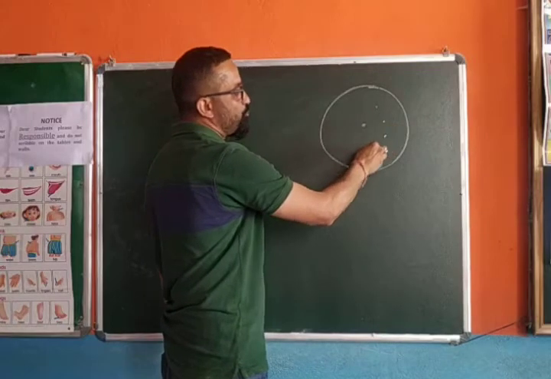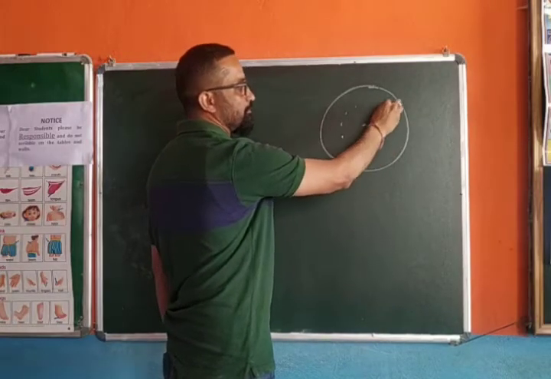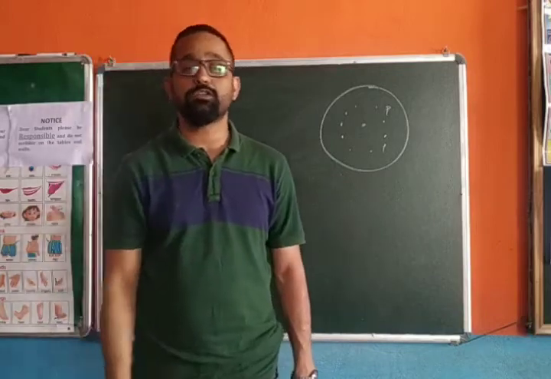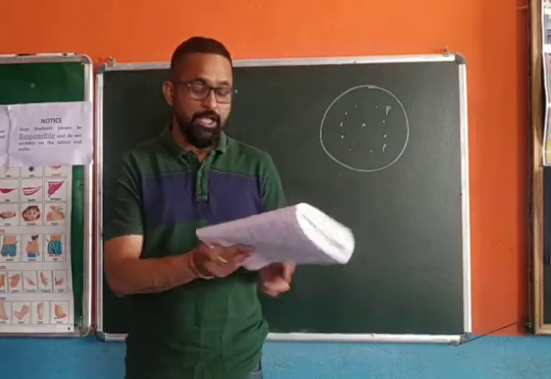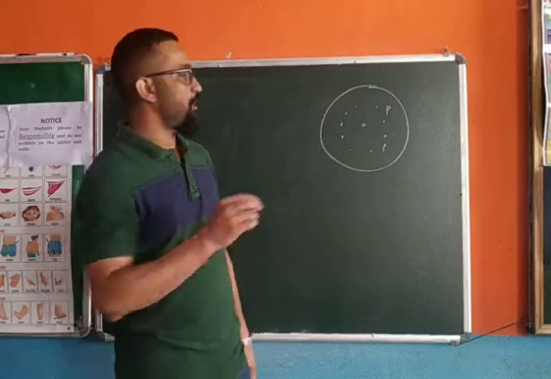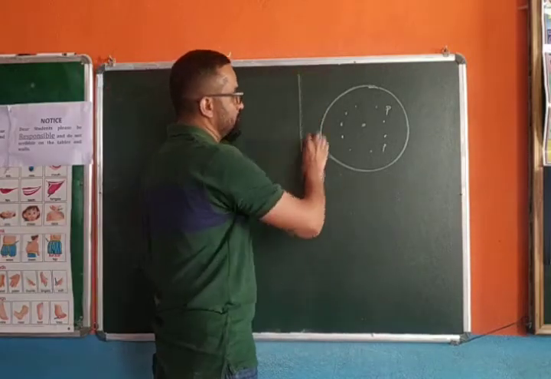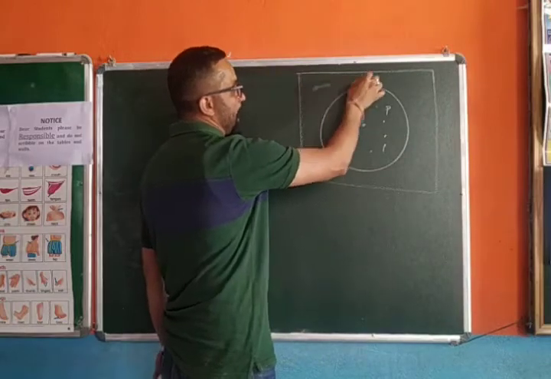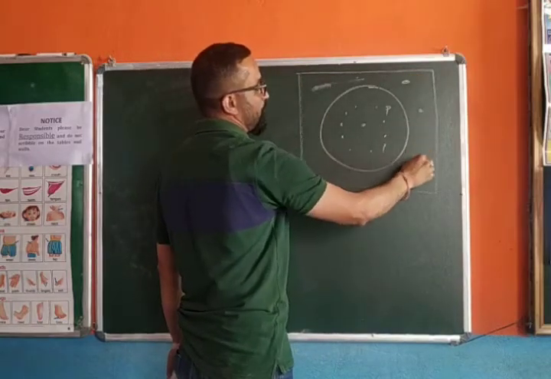The collection of all points inside the circle is called the interior of the circle. The next one is exterior of a circle. The collection of all points outside the circle in a plane is known as the exterior of the circle.